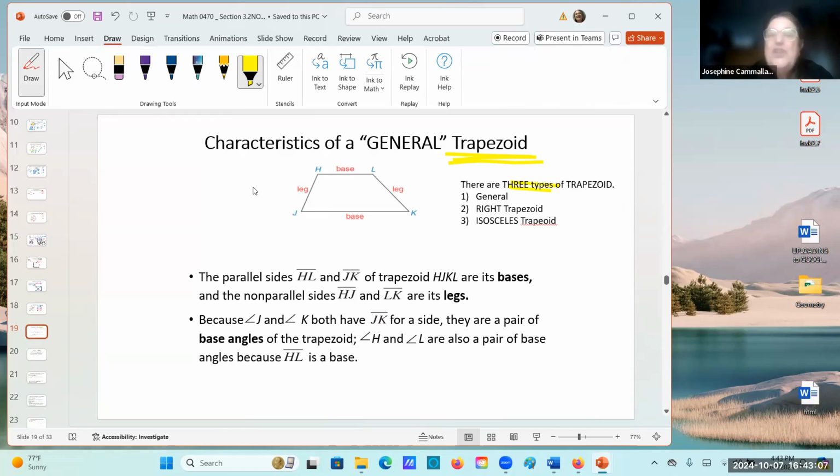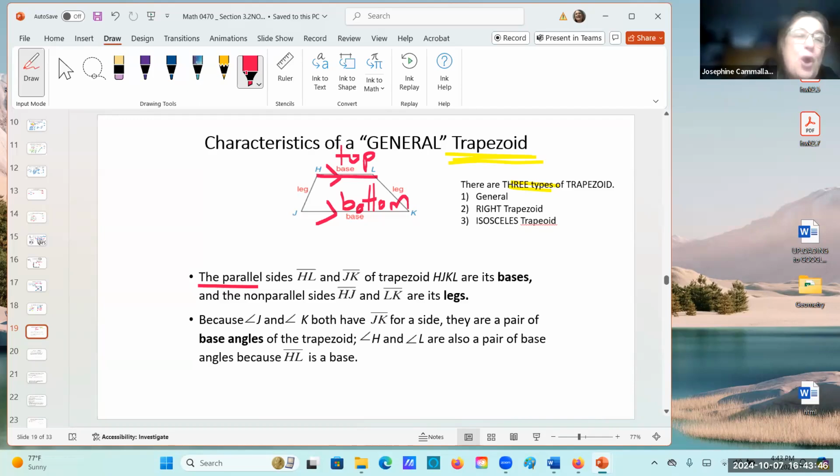Now, the general trapezoid has one set of parallel lines. This base, which we're going to call the top base, is parallel to the bottom base. The top and the bottom are always parallel.